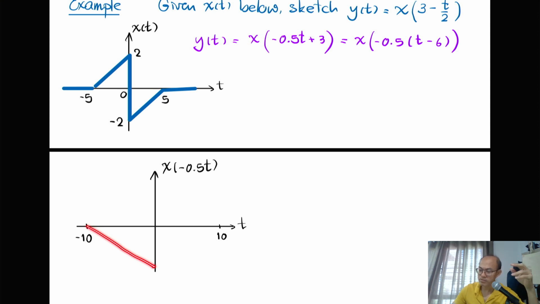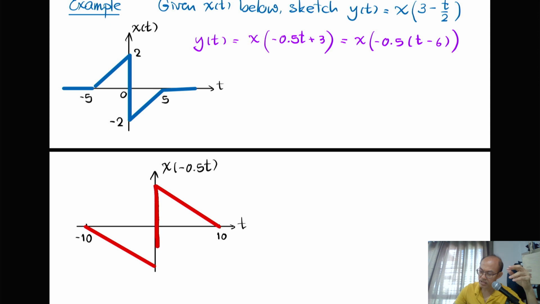Remember, because this is negative, we have to flip it around. So we have this. And this line has to also be flipped around, so it will look like this. So we have the other one here.